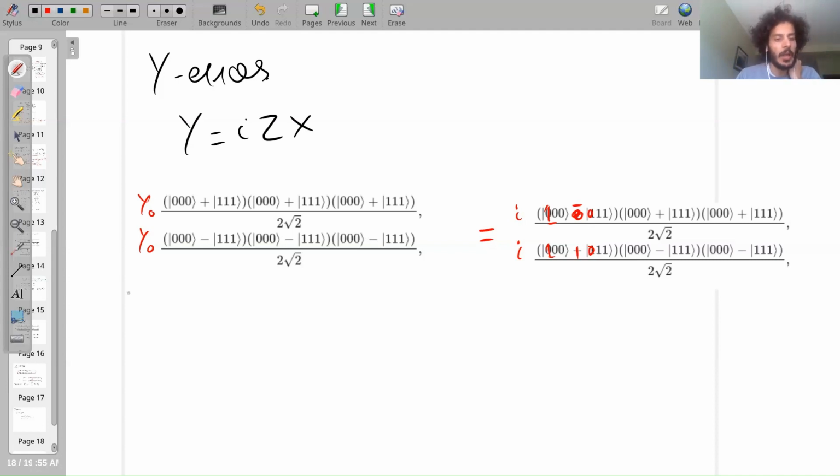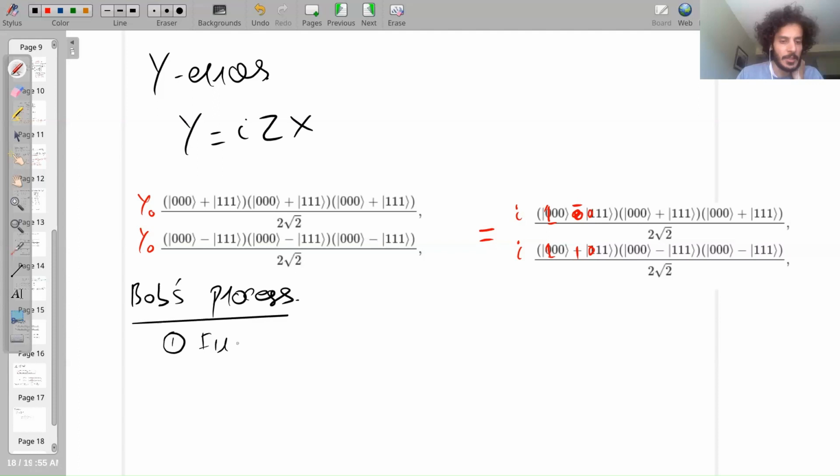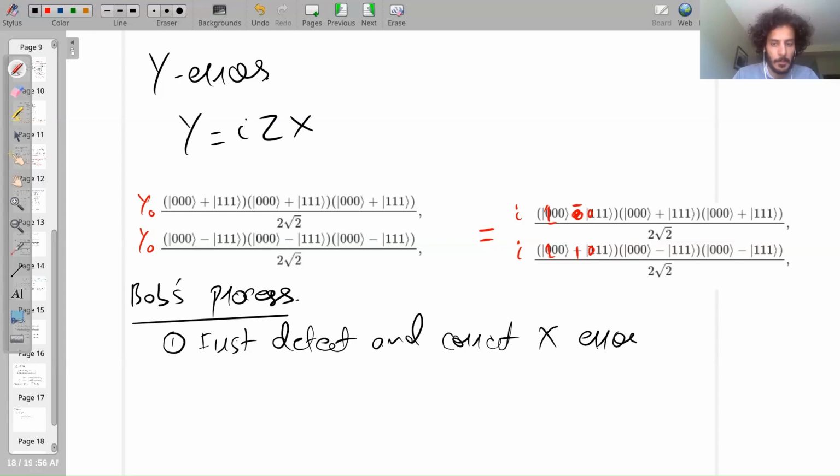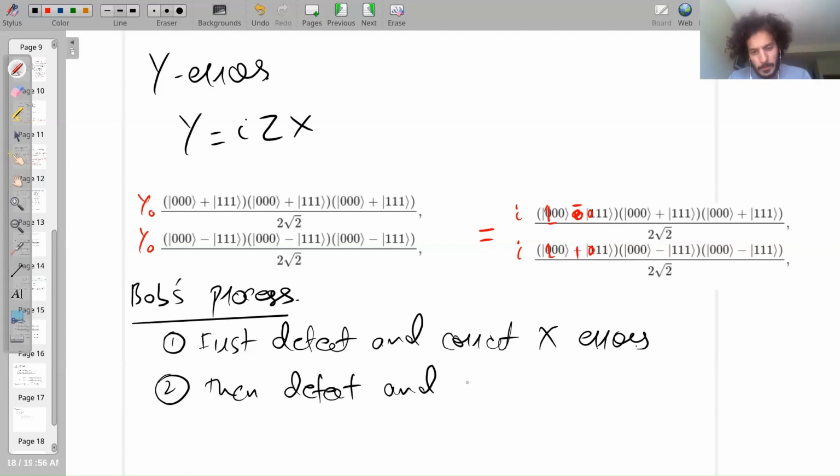Okay, so Bob's process is first detect and correct X errors, then detect and correct Z errors.